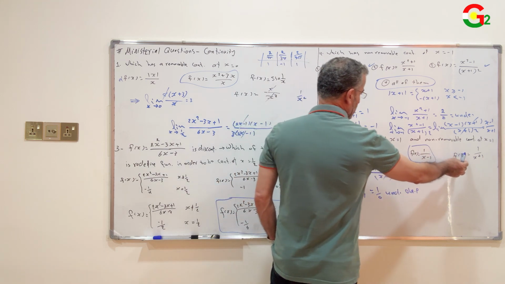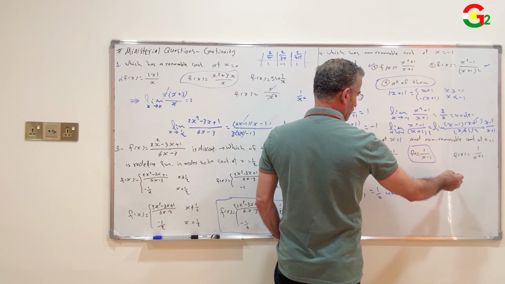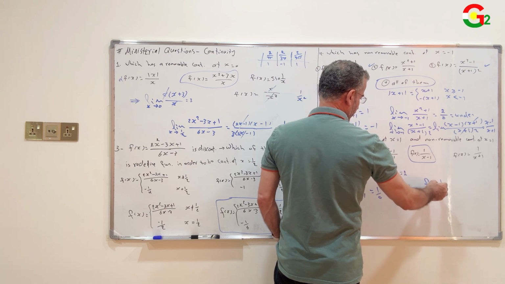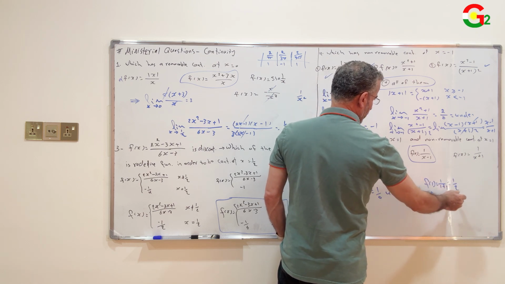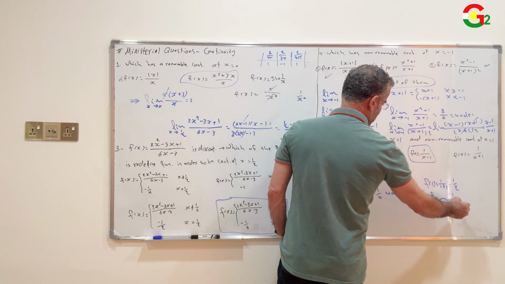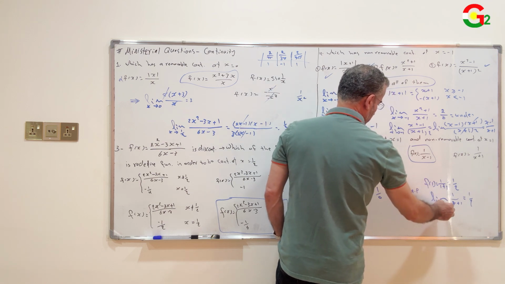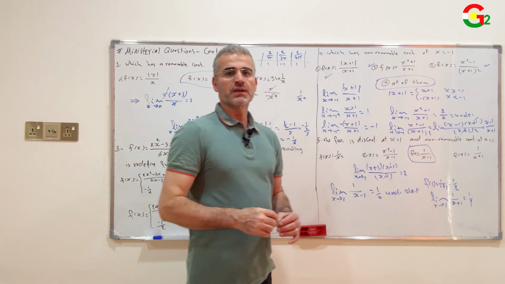For the last one, it is continuous because 1 over 1 plus 1 is 1 over 2, and the limit is also 1 over 2, so this function is continuous. The right choice is C.